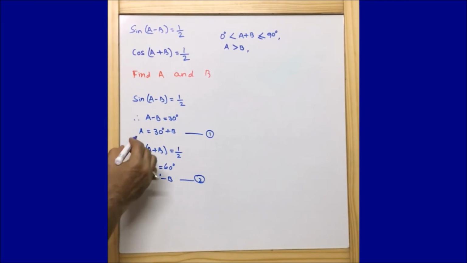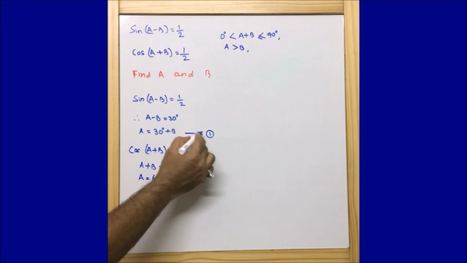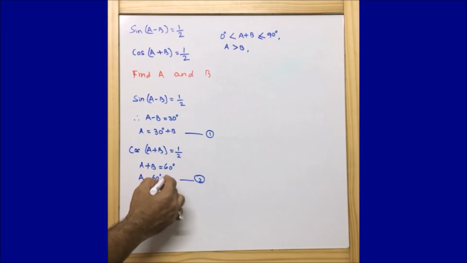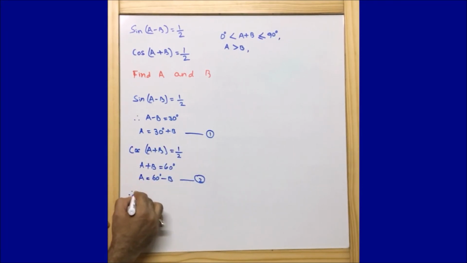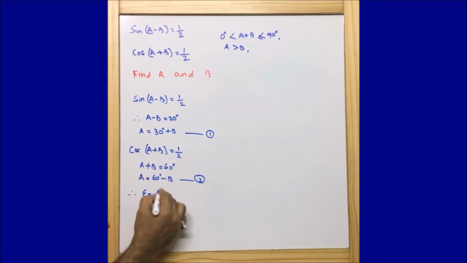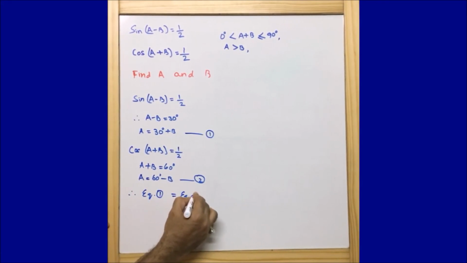You could see that A is equal to 30 degree plus B from equation 1, and A is equal to 60 degree minus B from equation 2. Therefore, equation 1 is equal to equation 2.